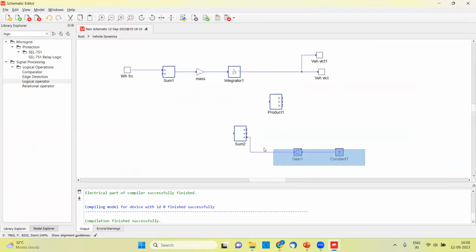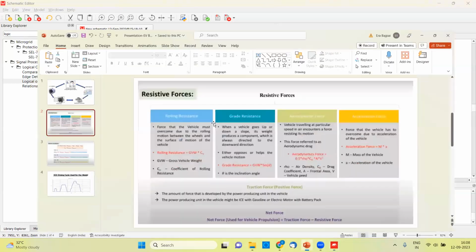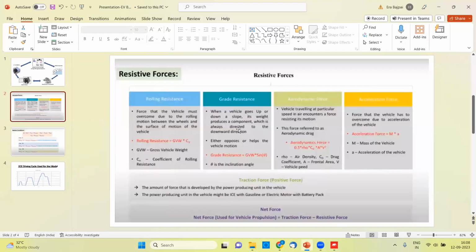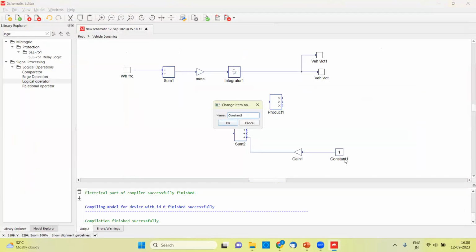So what are these particular blocks representing? The grade force. What was the grade resistance? Whenever the vehicle is going up or down a slope. So what is this constant indicating? That is my road slope in terms of percentage.